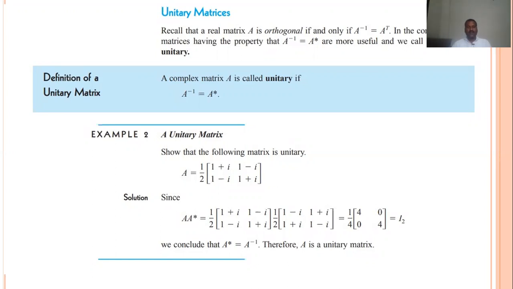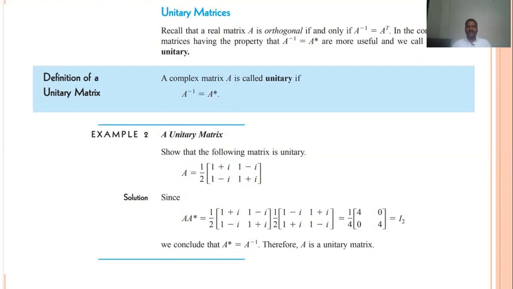Again, pre-multiplying both sides by A inverse and doing some arithmetic, we can see that A inverse equal to A conjugate transpose. So if A is a unitary matrix, then its inverse is nothing but its conjugate transpose.